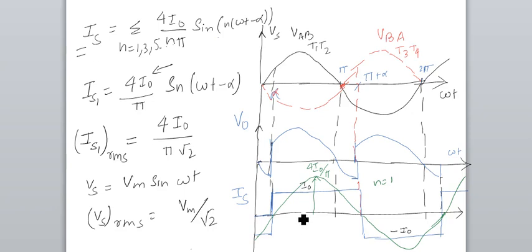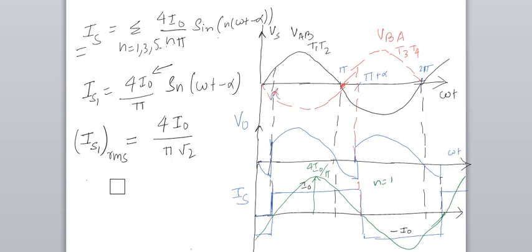The blue part is your actual source current, but the green part is your fundamental source current, so there is a difference. Now, if I want the source current value, that is IS RMS.